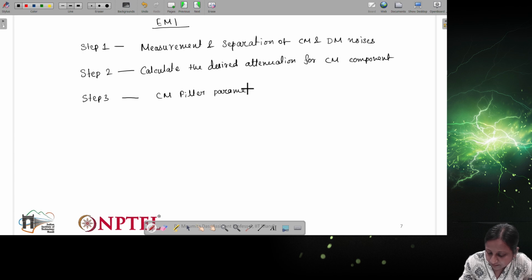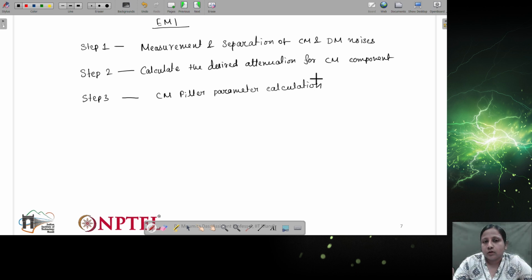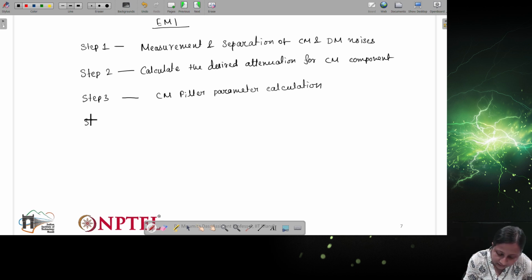So we have to design a filter for CM noise. So we will be designing a filter for CM.